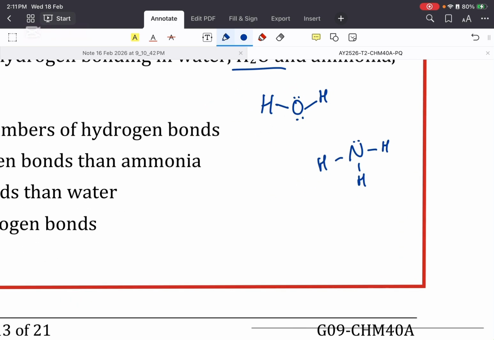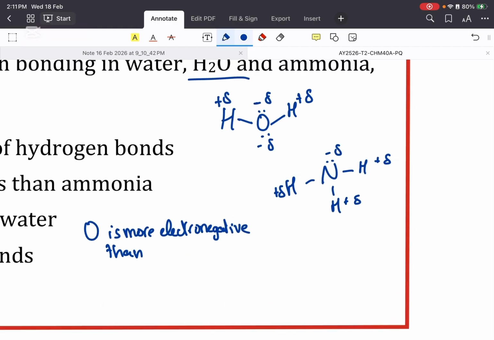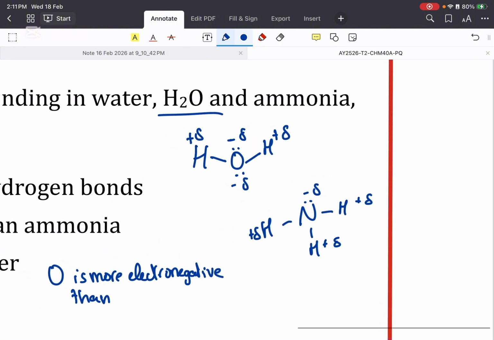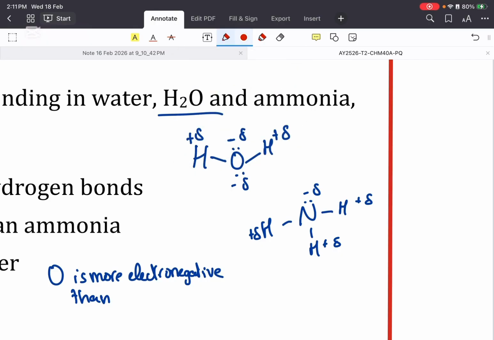Oxygen. So first, O is more electronegative than N. So here I have a negative partial charge and a negative partial charge, while here I have only one negative partial charge. Also here I have plus positive, plus here I have 3. With the structure of water, one molecule of water is able to do double the amount of hydrogen bonds that an NH2 can do.